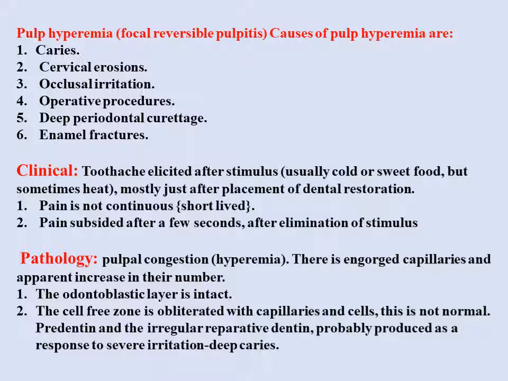Clinically, a toothache elicited after a stimulus, usually cold, sweet food, but sometimes with heat. And sometimes this might happen after replacement of a dental restoration. With drilling and using material, we might irritate the pulp and cause transient hyperemia or reversible pulpitis.